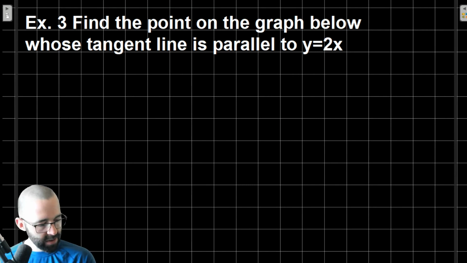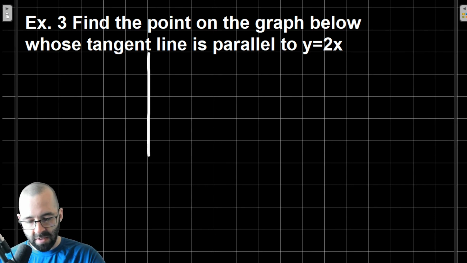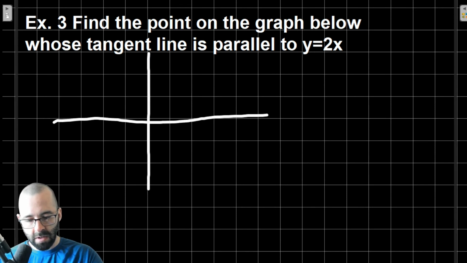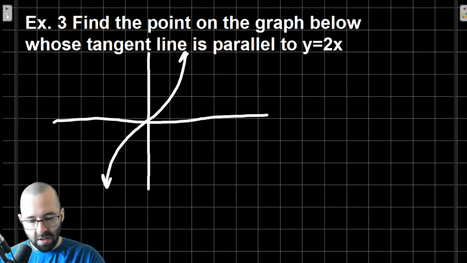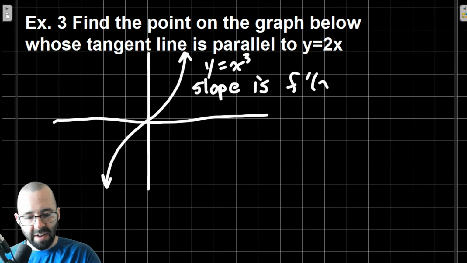And so this problem would have, I will have given you a graph. In fact, this problem is from the book. And it's the graph of y equals x cubed. Looks something like this. And the slope is f prime of x is equal to 3x squared.